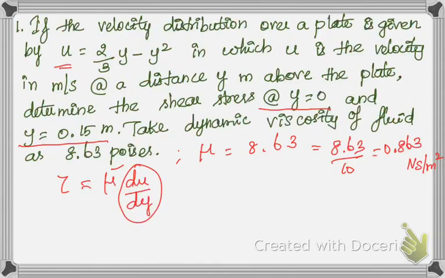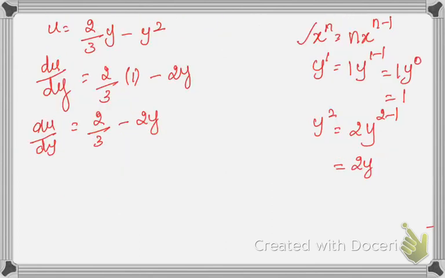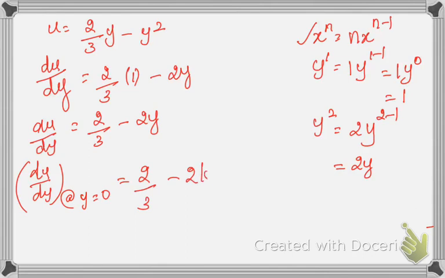And here if you notice in the problem, you are having y is equal to 0 and y is equal to 0.15. So I have to get the value at different points. So this is du by dy at y is equal to 0. So substitute 0 in place of y, which is equal to 0.667.